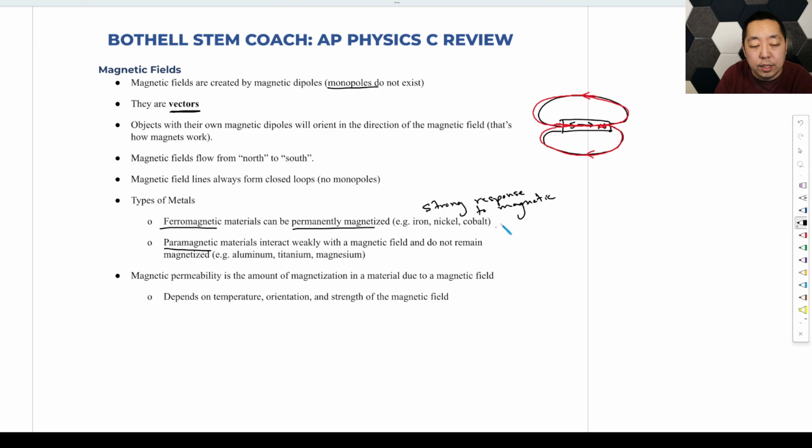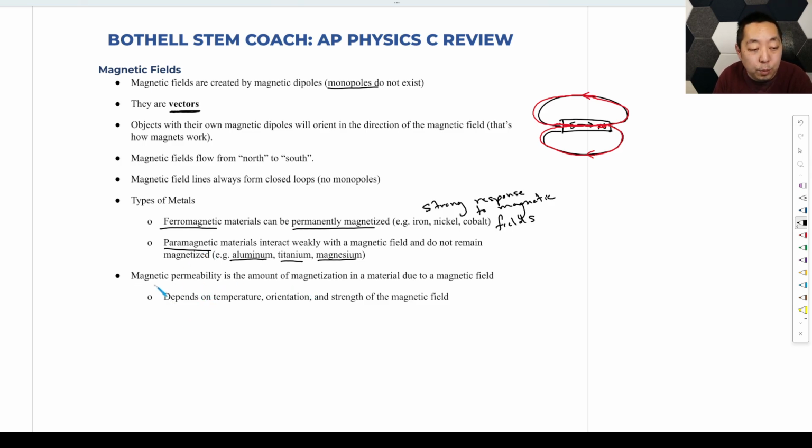That's how they can be easily made into permanent magnets. Paramagnetic materials are pretty weak. They have a little bit, but they don't really respond to magnetic fields. If you remove a magnetic field from a paramagnetic material, it's going to lose its magnetism. So these are examples of very weakly magnetic materials, or paramagnetic materials.